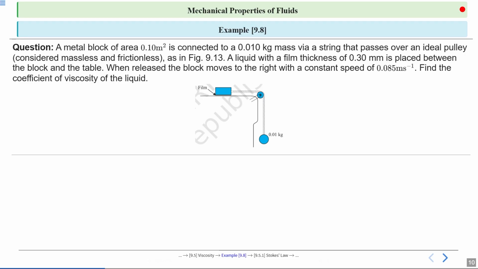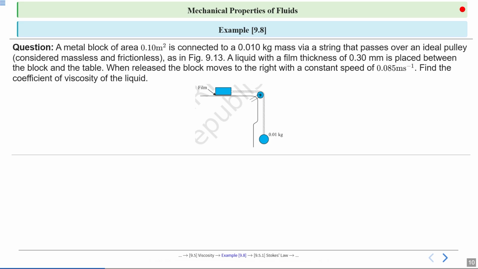Example 9.8. A metal block of area 0.10 meter square is connected to a 0.010 kg mass via a string that passes over an ideal pulley, considered massless and frictionless, as in the figure shown here.